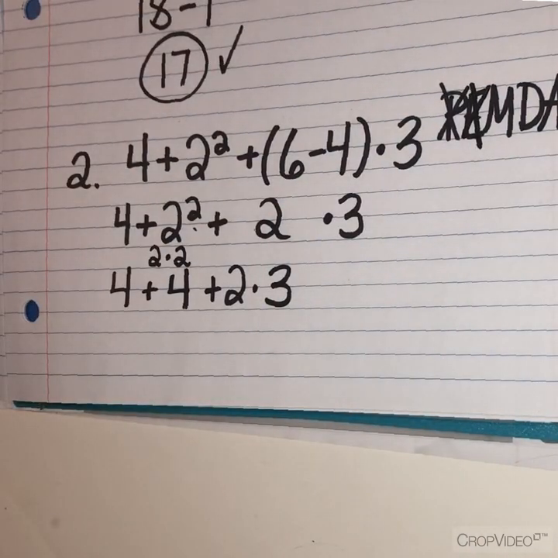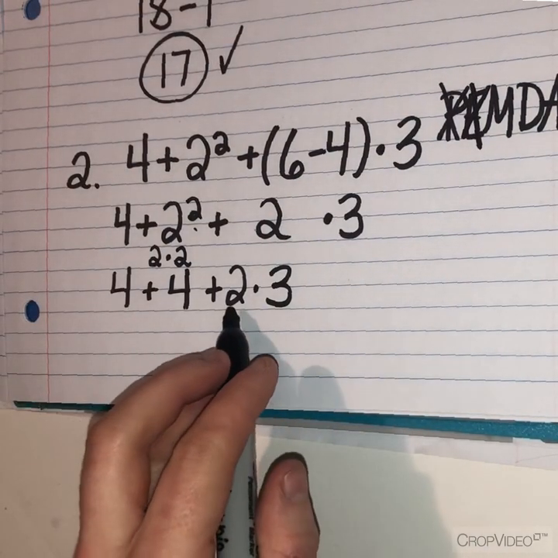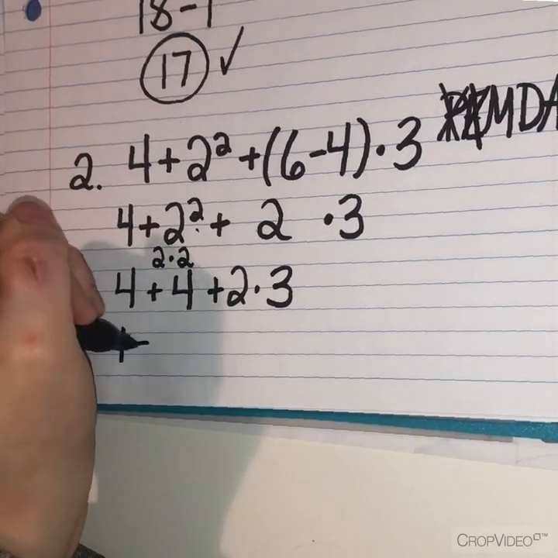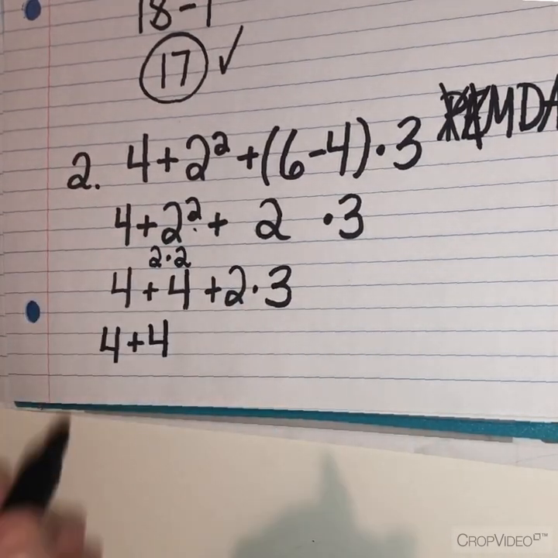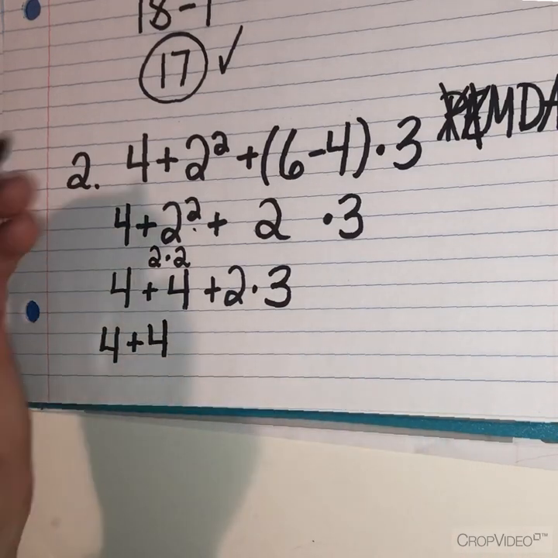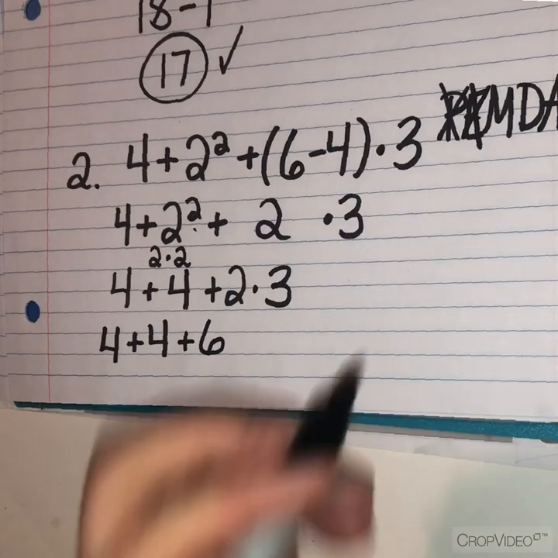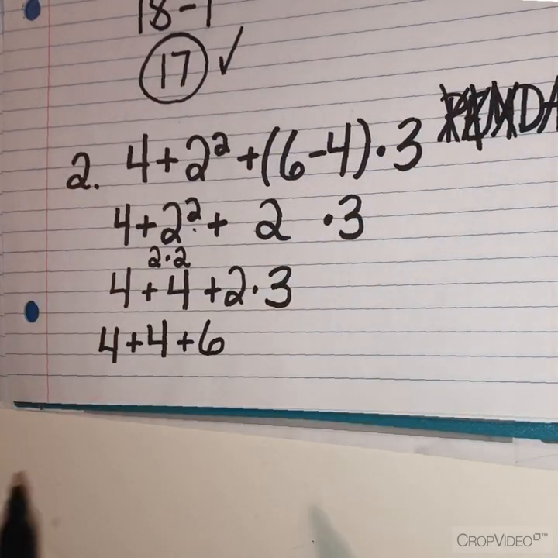Now we have multiplication. We see here we have 2 times 3. We're going to write down everything before and think positive 2 times 3 is positive 6. Right. We don't have any division in this problem.